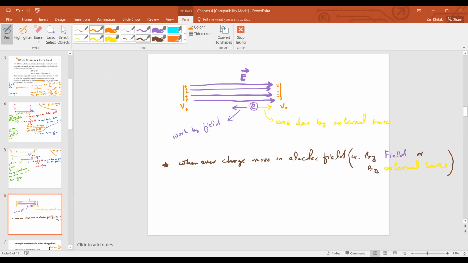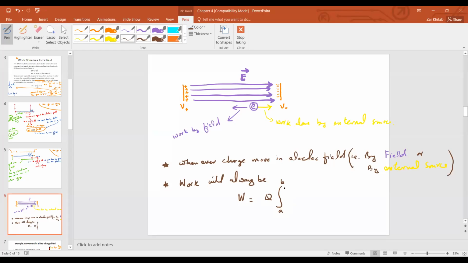Work will always be how much? W equals charge, right?